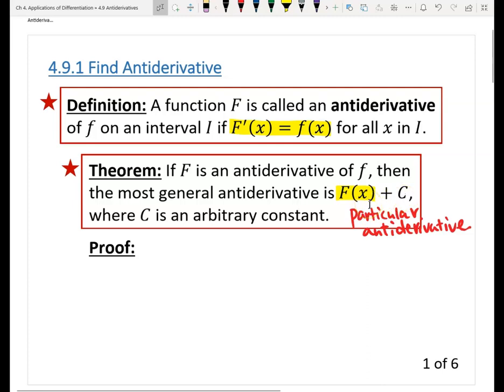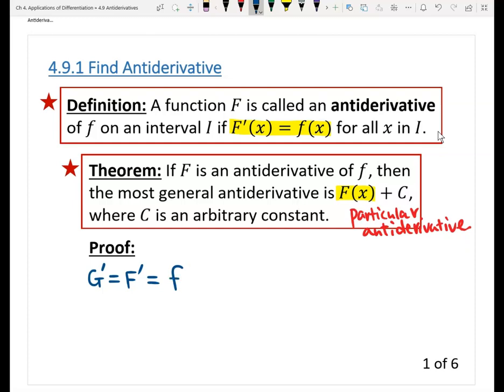So this looks fancy, right? So amazing. But we can easily prove this is true. Let me go to see. If we know another antiderivative, I use capital G, which means capital G take a derivative equals capital F take a derivative equals the original function lowercase f, right?